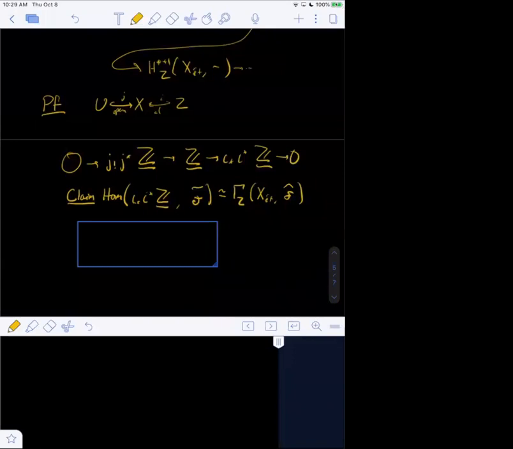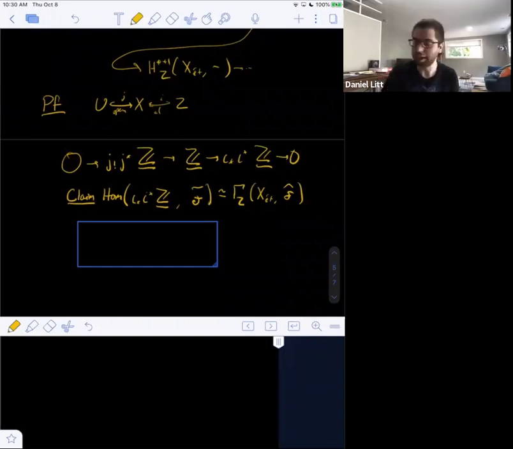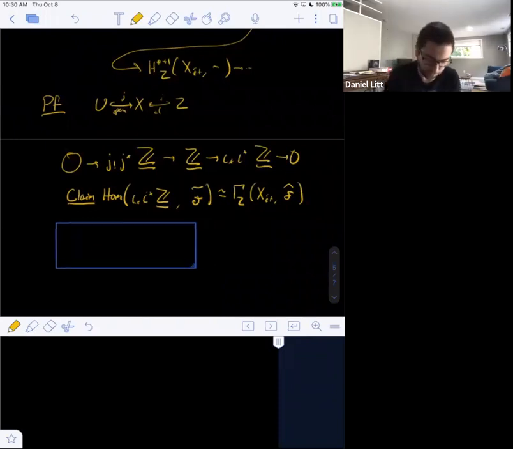I'm guessing because to give a Hom is to choose one section in the stalk over each point. Yeah, so I think that's somehow the idea. But let's make it a formal proof.